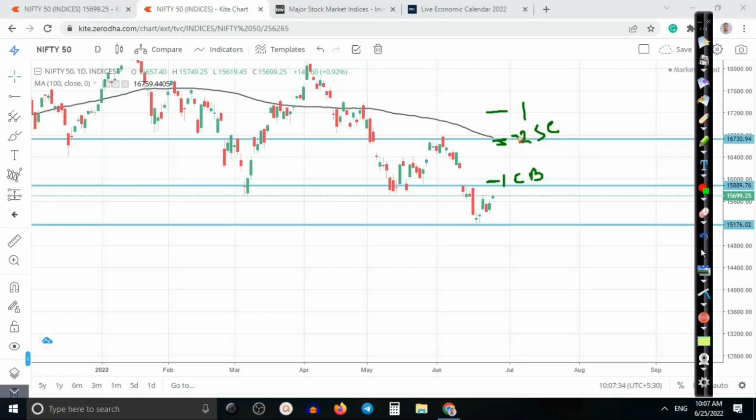That will be sell minus, it will be plus, call buy above this area. So it will look like that.